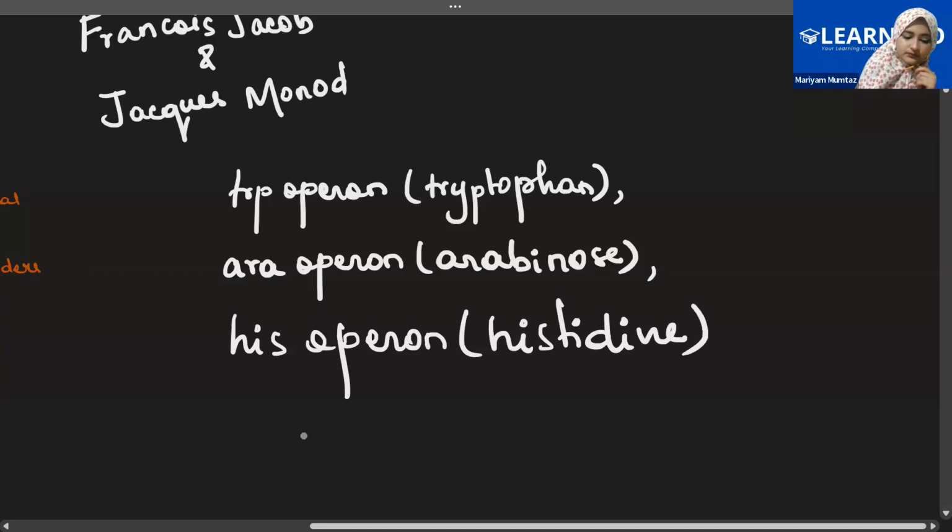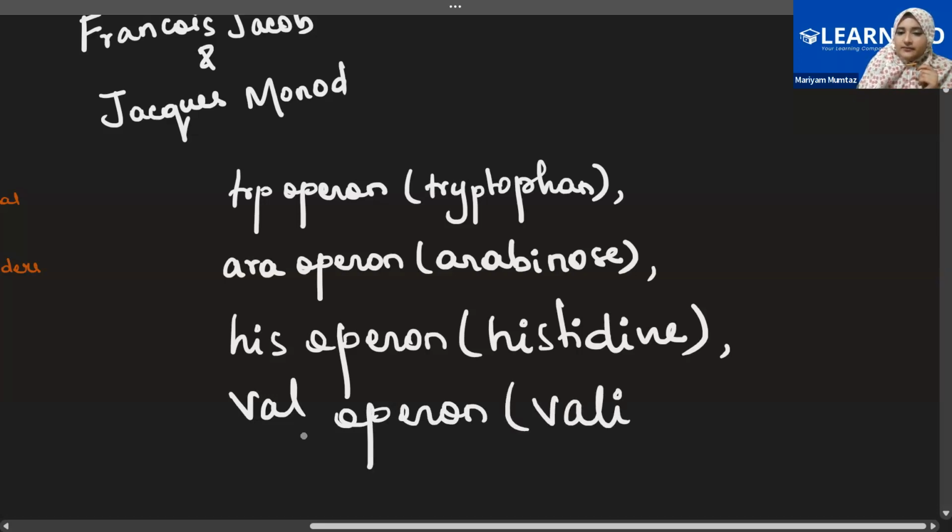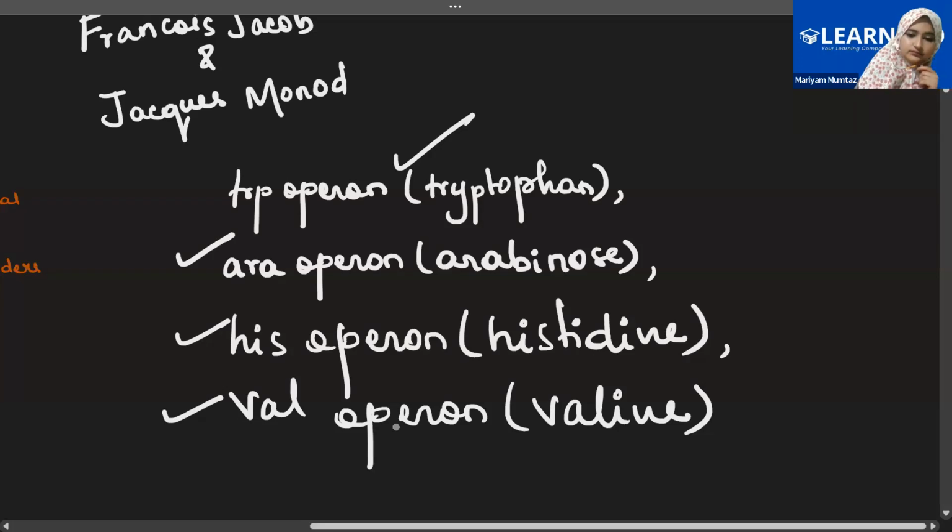Then you write down val operon. You should know the full form of each of them or what they stand for. Then you write down etc. There are many more.